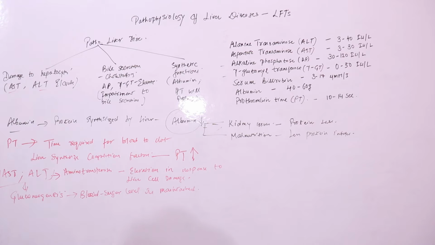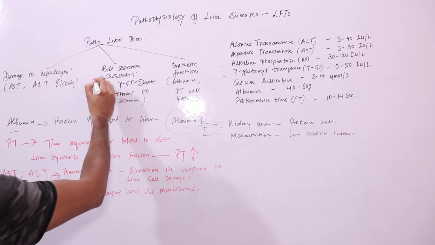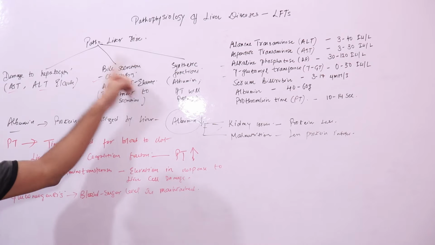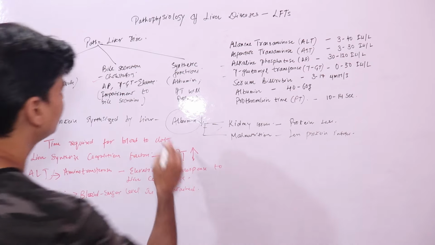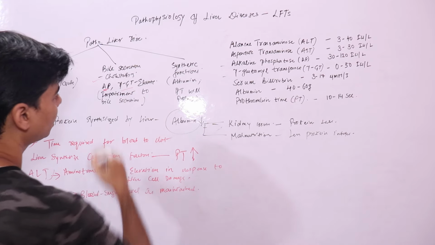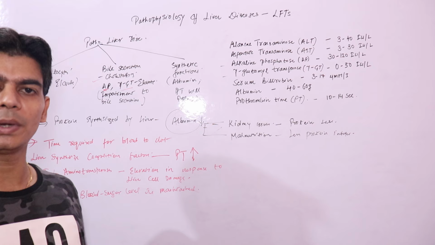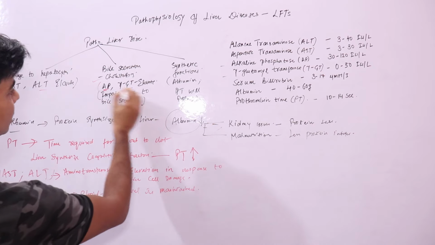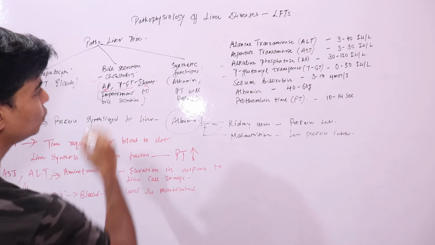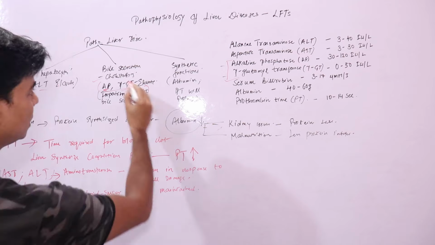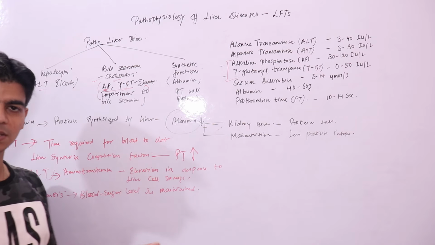Now coming to cholestasis, which is an impairment of bile secretion. In response to cholestasis, your ALP, that is alkaline phosphatase, and your gamma glutamyl transferase will show an elevation. If in the LFT there is elevation in these two enzymes, that means there is some issue with bile secretion.